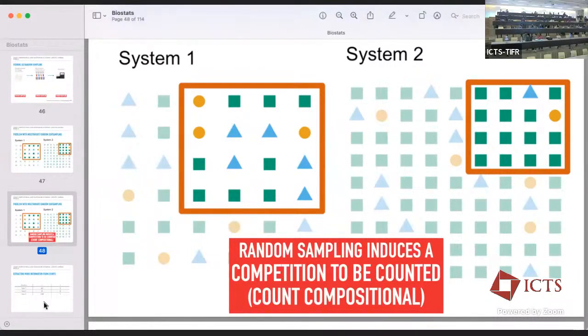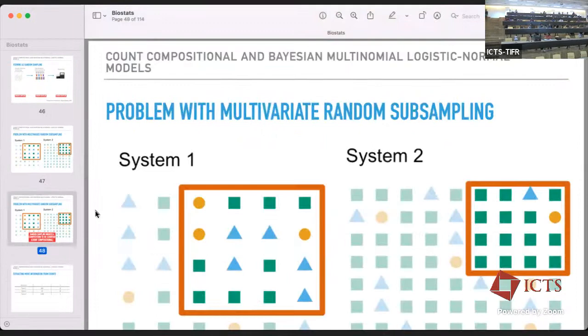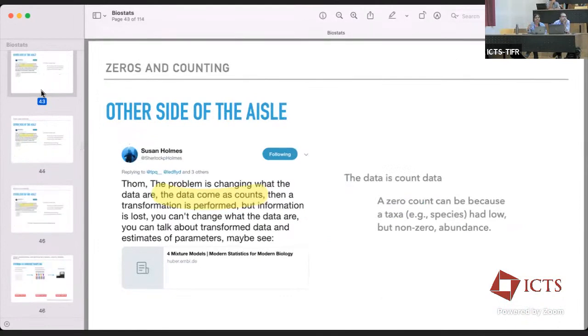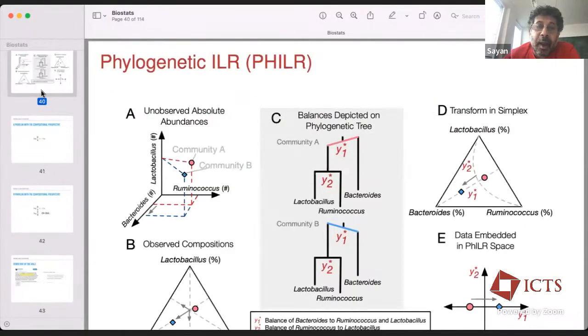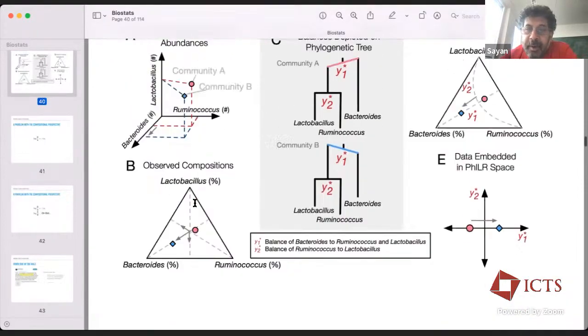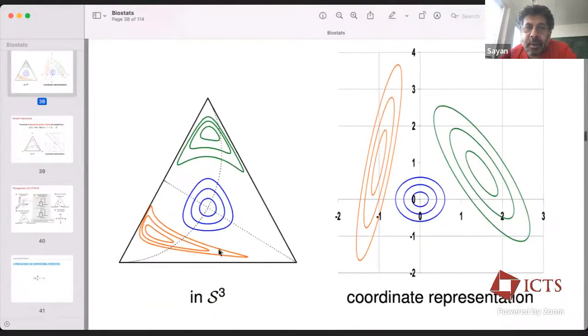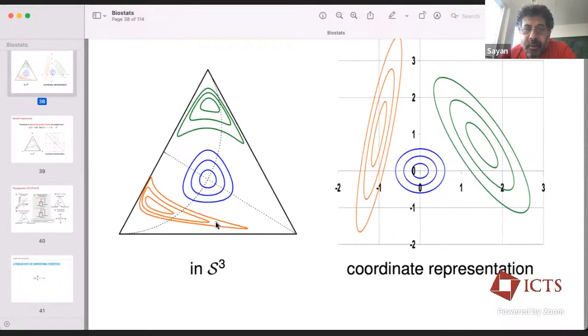Any other questions before we move on? Yes, one more, about the simplex. You start with the simplex and then transform it to another coordinate system. Why do you do that? Yeah, I'll talk about that in a lot more detail soon. But the idea is that what I'm showing you here is hard to model, and I'll tell you very soon why.